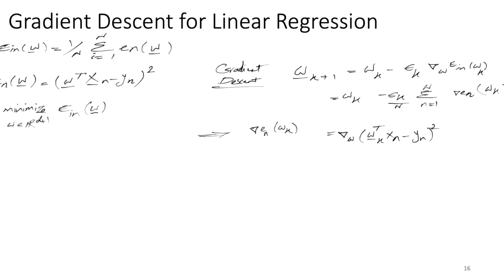Your minimization over the d plus 1 dimensional space of R for your W would become, on the next step, W k plus 1, your next iteration, as W k minus the step size times the gradient of the in-sample error at your iteration number k, right?